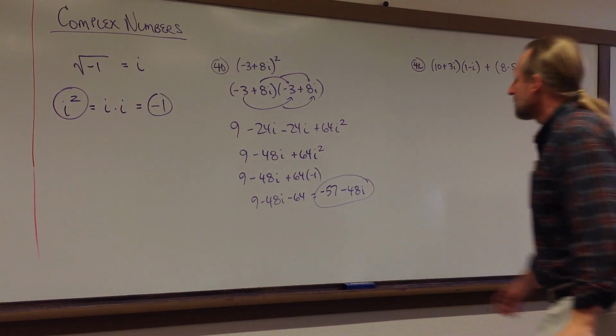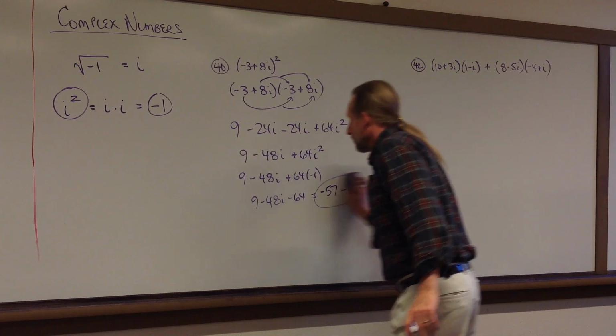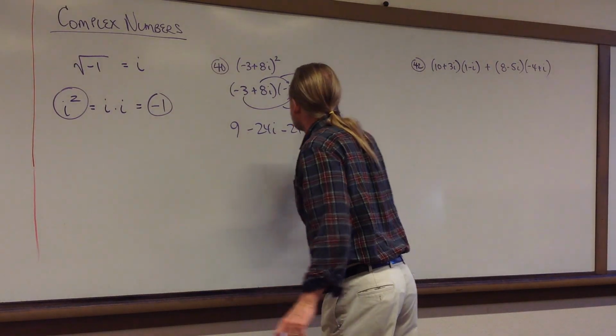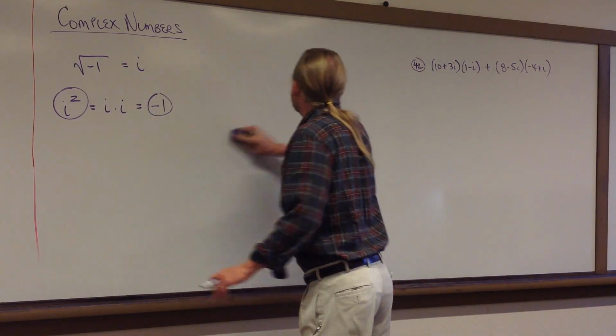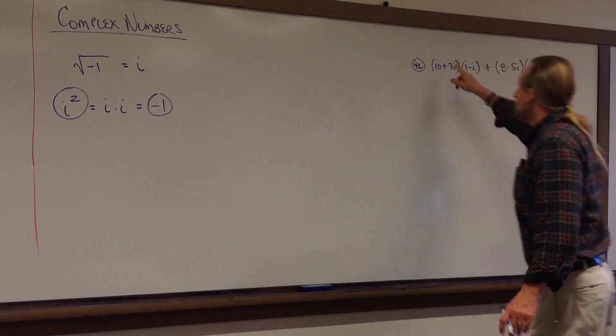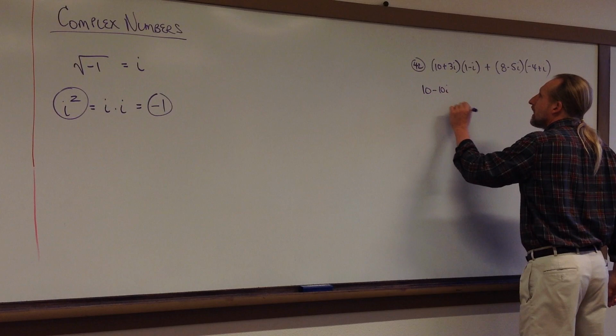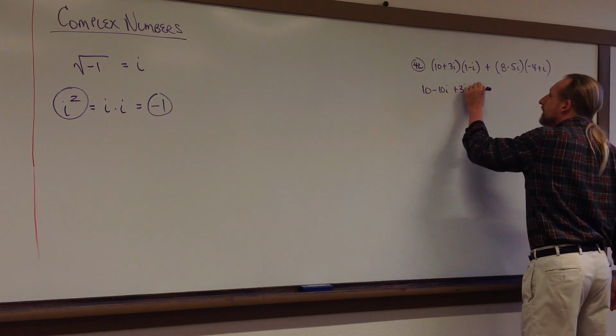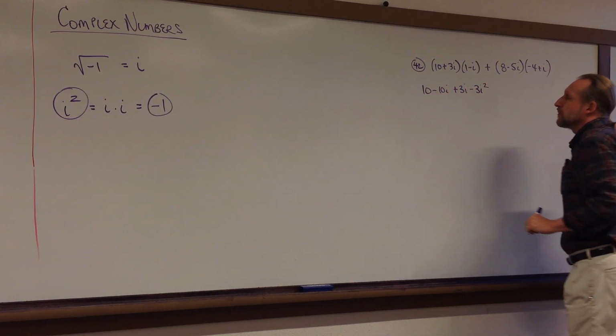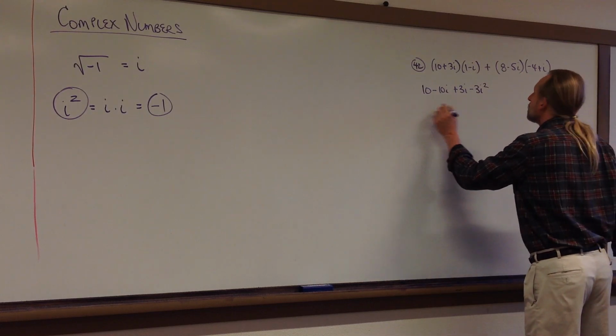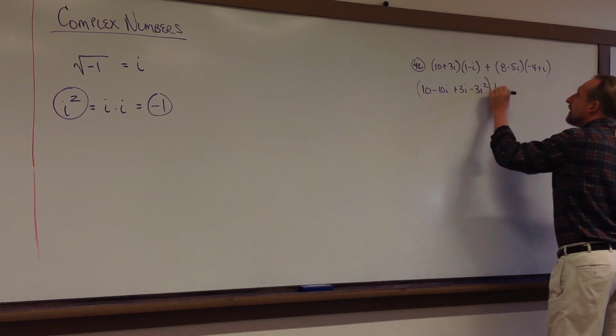Well, let's see. Let me give myself some more space here. All right, so first we have to multiply here. So this will be 10 minus 10i plus 3i minus 3i squared. So I'll keep that in parentheses.